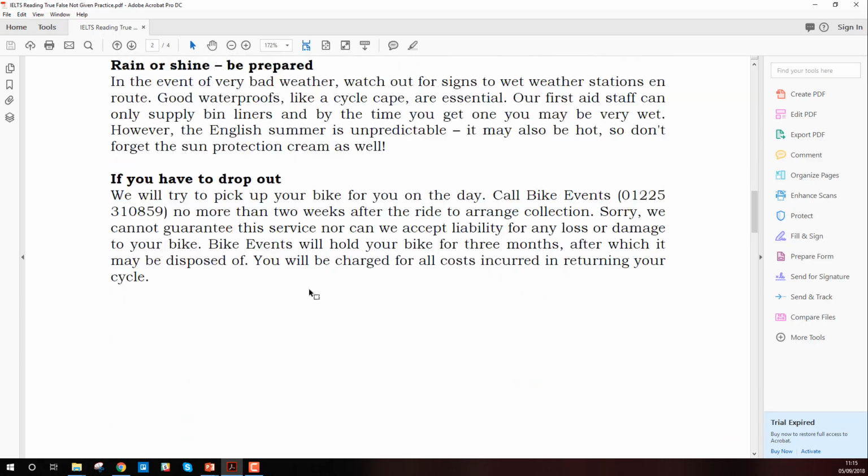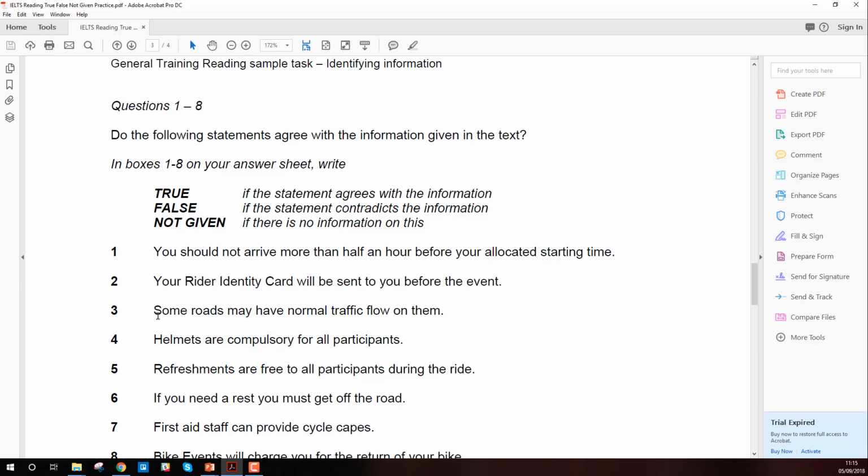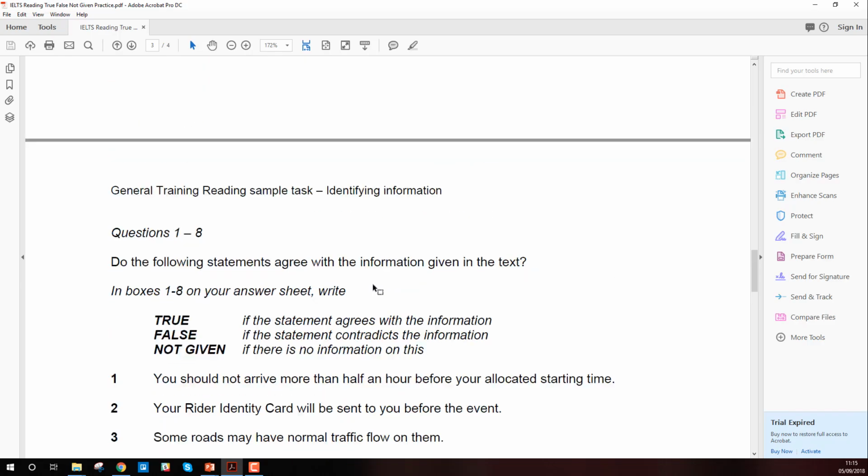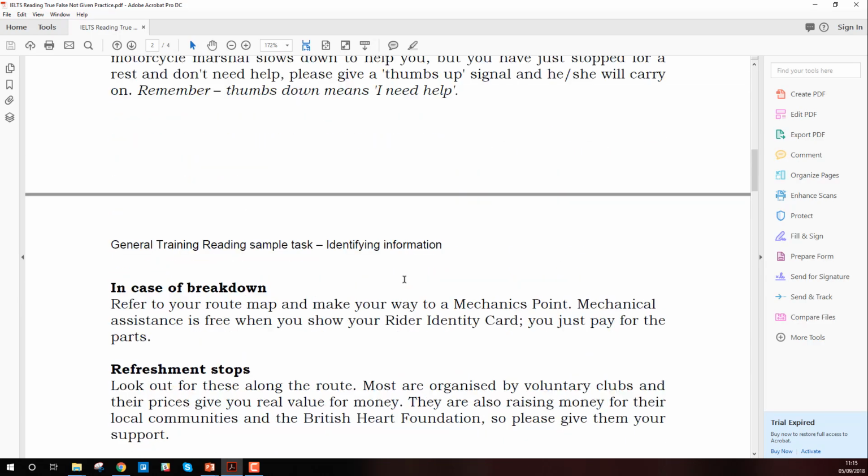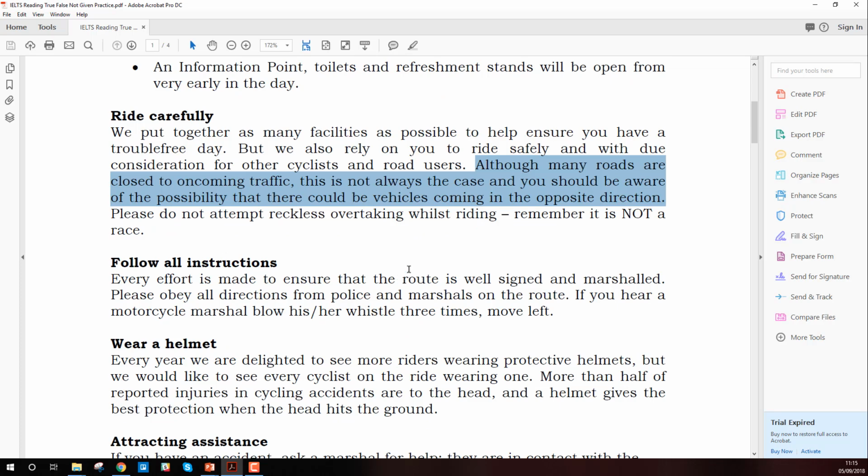So let's have a look again at this. Some roads may have normal traffic flow on them. So what does that mean? That means that some roads will just be as normal. They will have normal traffic on them, like a normal day, a normal road. Although many roads are close to oncoming traffic, so that's a little bit of a trick that they put in there.